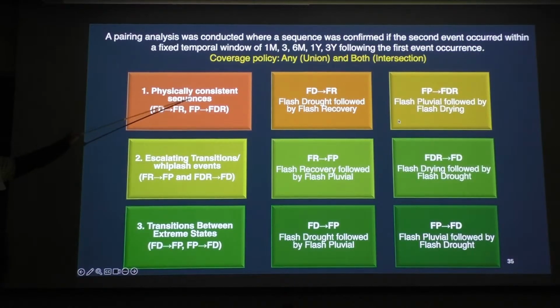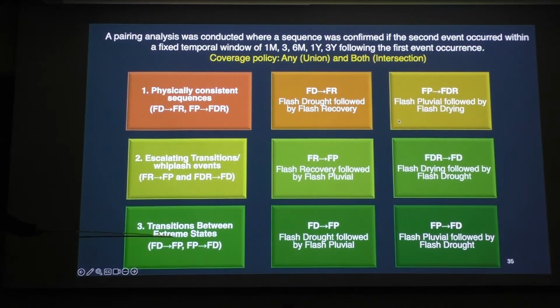And as I said previously, this is the forwarding, which I'm now calling a physically consistent sequence, like we are coming from dry to a recovering normal state, or we are coming from a wet state, which is pluvial or flash pluvial, going to a dry state. And then I'm calling it an escalating transition, or whiplash event, where we say it's flash recovery and normal state, and we are jumping to a wet state, or we are coming from a normal, like drier, condition, going to a drought state.